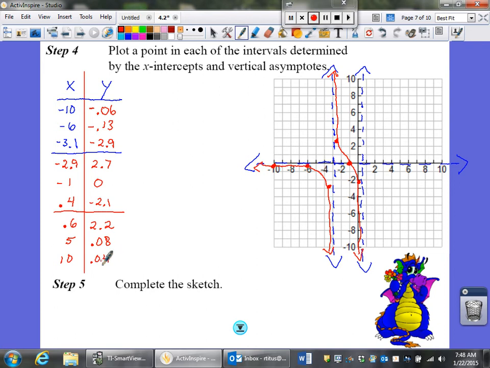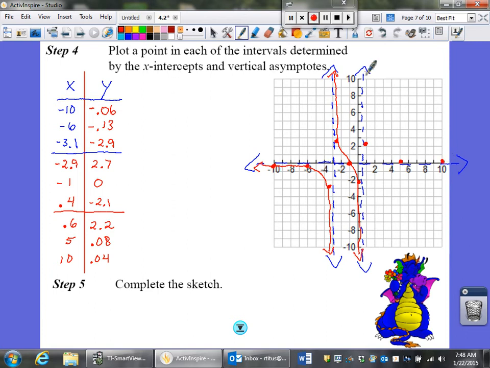So all these numbers are positive right here. Right next to the asymptote, it's up at 2.2. At 5, it is at 0.08, which is barely above the asymptote. And at 10, it's at 0.04, which is, again, barely above the asymptote.